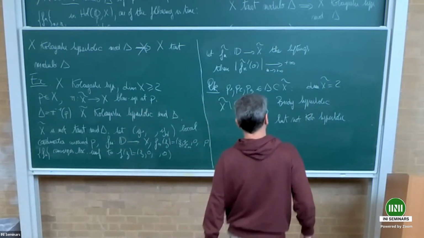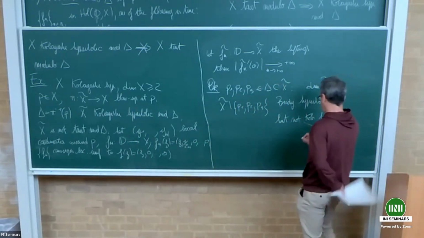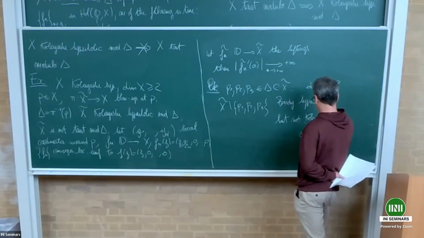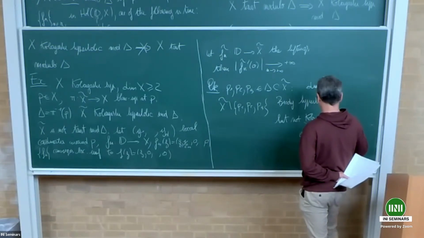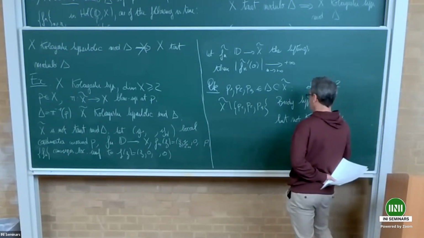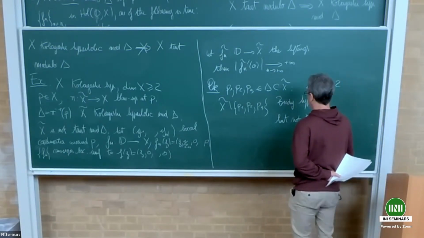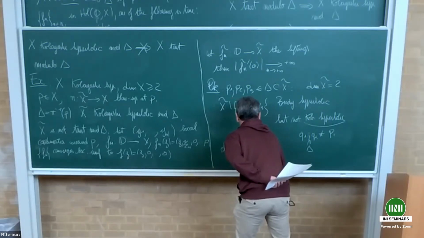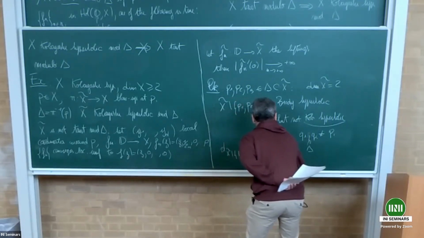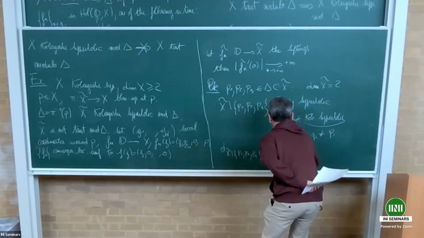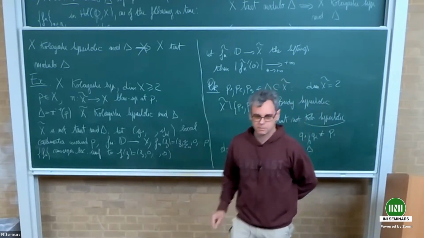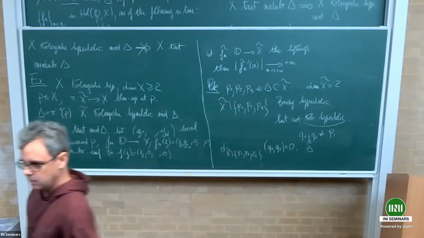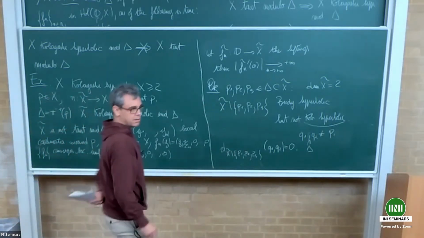So if you pick any 2 other points, Q1, Q2, different from the P_i and still on delta, the Kobayashi distance has to be 0, because it's 0 for the X tilde.